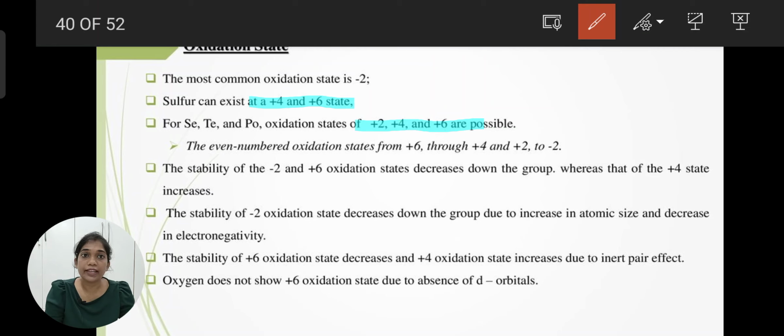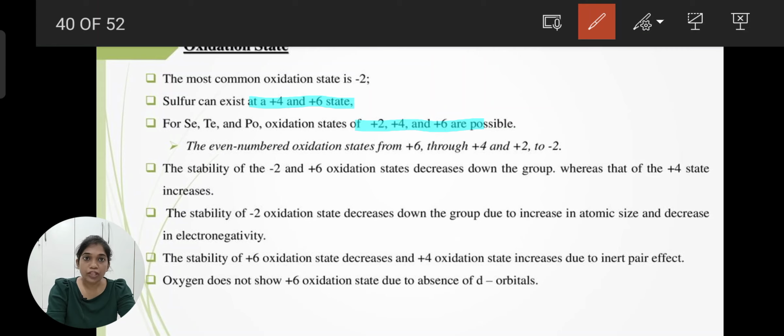The stability of -2 oxidation state decreases down the group due to increase in atomic size and decreasing electronegativity. So as we move down the group, electronegativity is decreasing. That's why the stability of showing -2 oxidation state is decreased down the group.